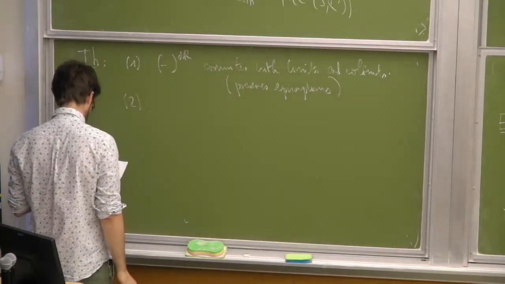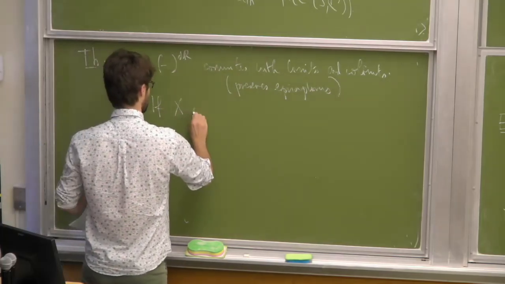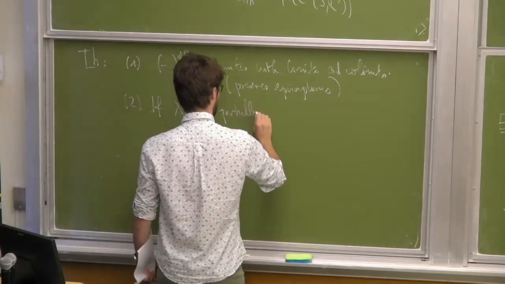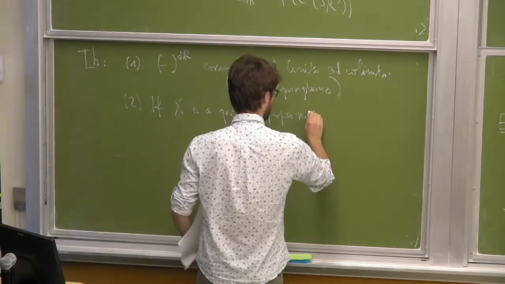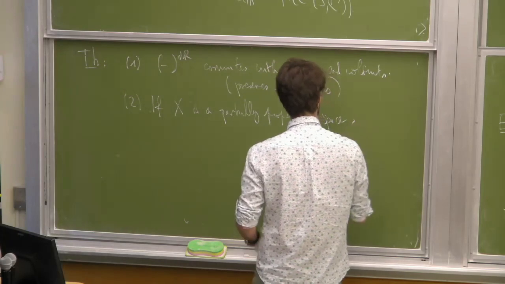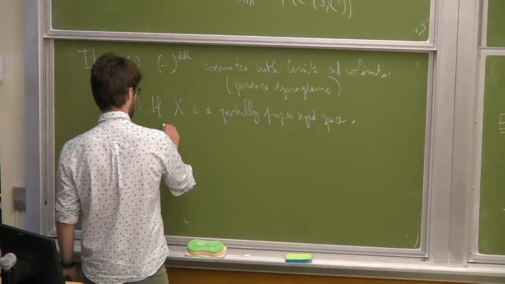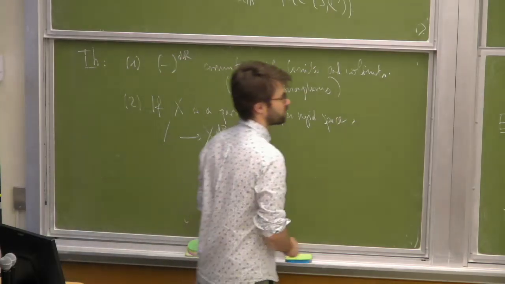Maybe I should write it in the comment. If X is a partially proper rigid space, the natural map... so you always have the map from X to X de Rham.